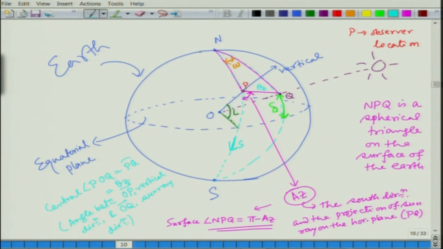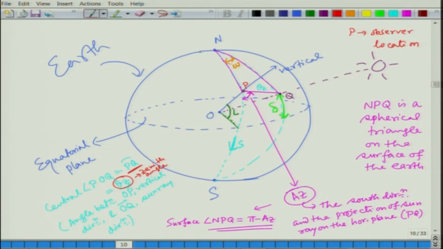So, this PQ, which is the arc on the surface, is equivalent to the zenith angle theta z. Let me write that zenith angle as well, because it is the angle between the vertical direction OP and the sun ray direction, which is OQ. That is why it is the zenith angle.